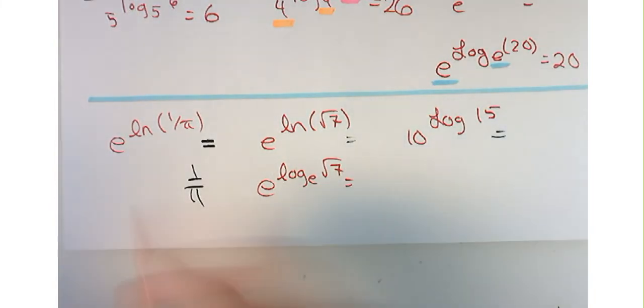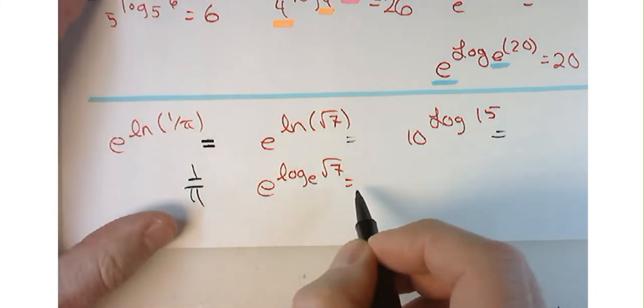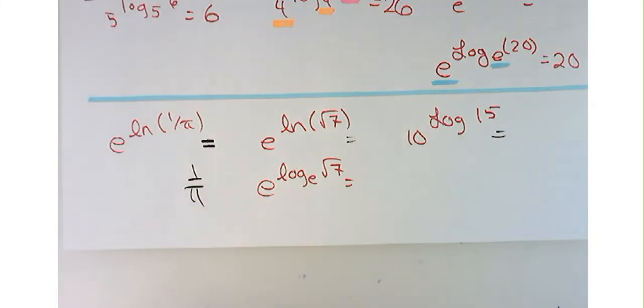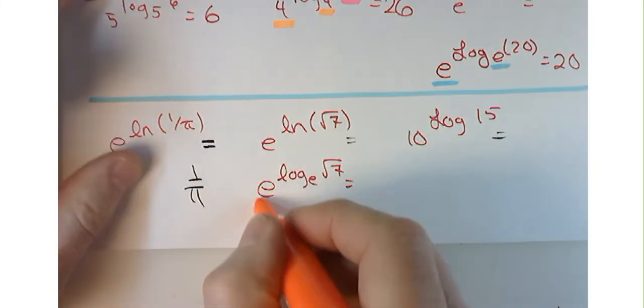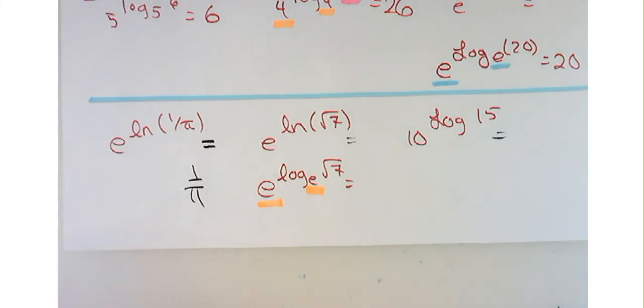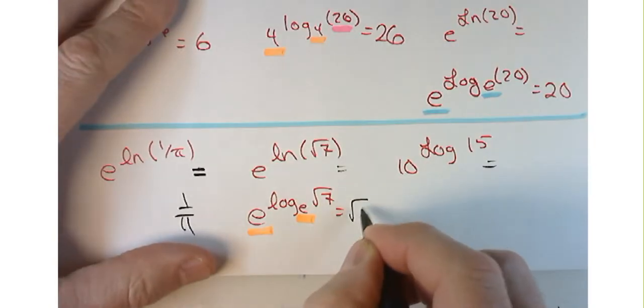I might have mixed up a little bit. So what would this equal? Does that simplify at all? So let me help out. These are equal. And when those are equal, this equals the square root of 7. Yeah, just going to get the square root of 7. They cancel out and give you the exponent.